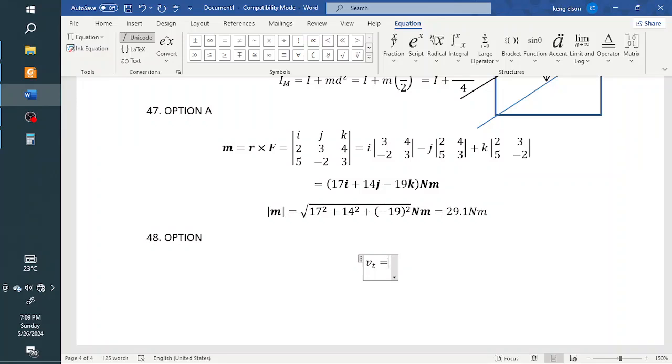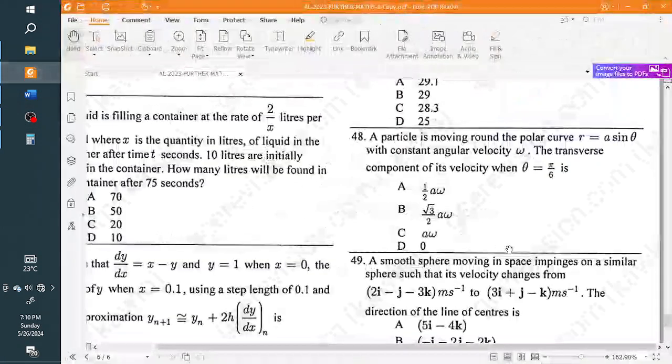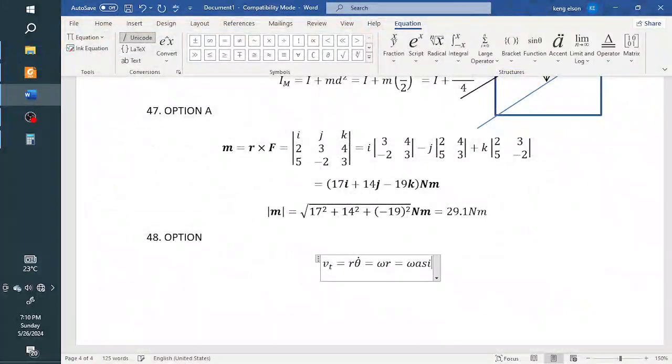Transverse component of the velocity. Okay, I was correct. r theta dot. So theta dot is omega, so omega times r. What is r? r is a sine theta. So omega a sine theta.